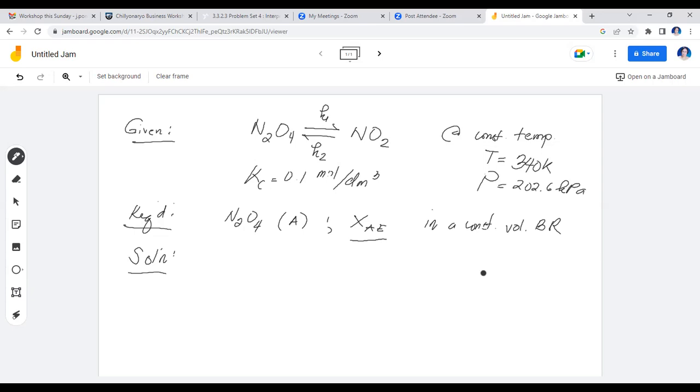Since this is being asked, I'd like to start with the working equation where the equilibrium conversion could be seen. So how do you think we should write this particular equation? Which of the data provided in the problem could lead you to this equilibrium conversion?